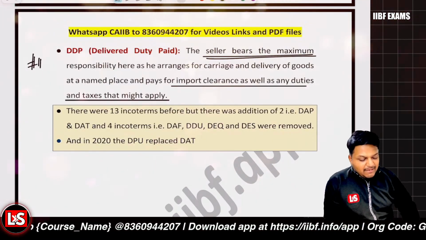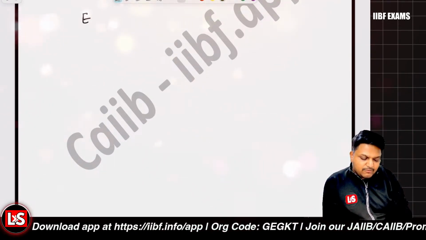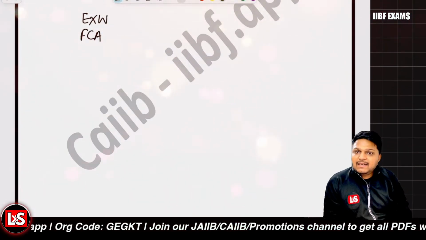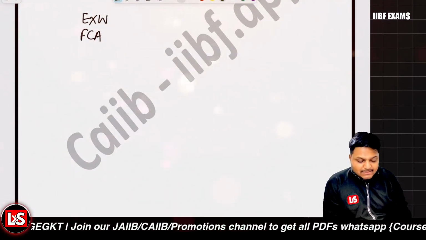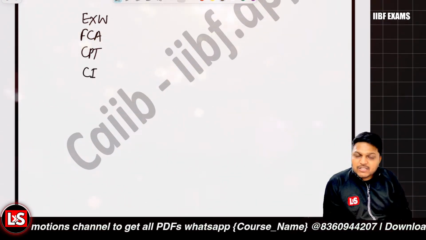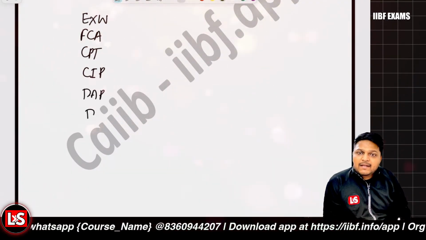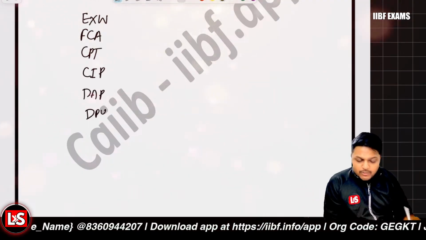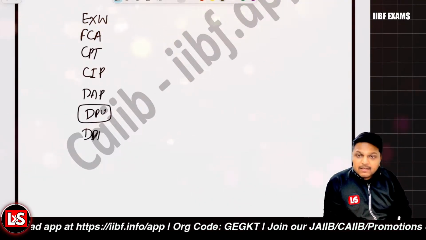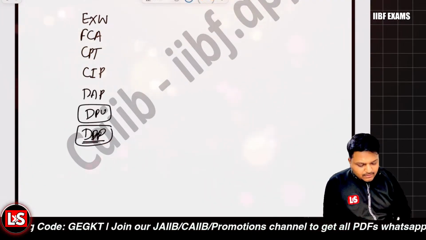So these are the 11 Incoterms. What Incoterms are these? First one is EXW, that is Ex Works. Further, FCA, that is free carrier, CPT, that is carriage paid to, CIP, that is carriage and insurance paid to, DAP, that is delivered at place, and DPU, that is delivered at place unloaded, the only rule which requires unloading to complete the delivery, and DDP, that is delivered duty paid, where maximum responsibility is on the seller.